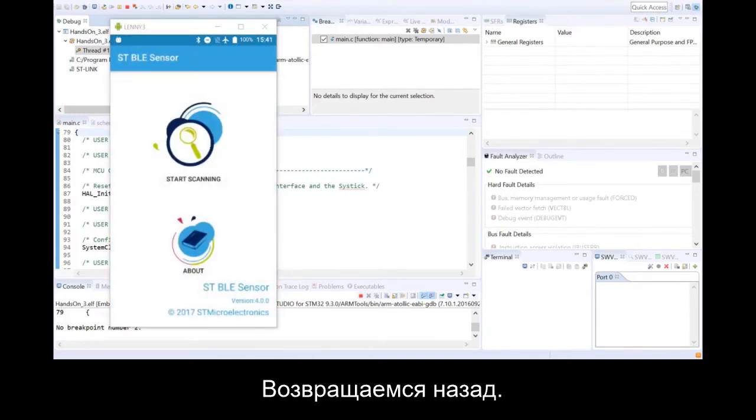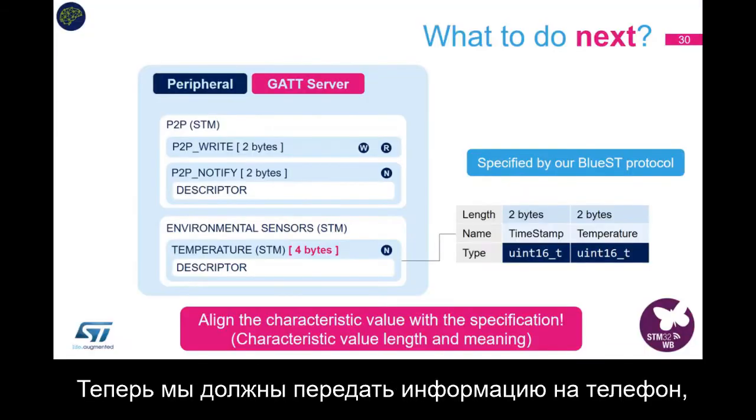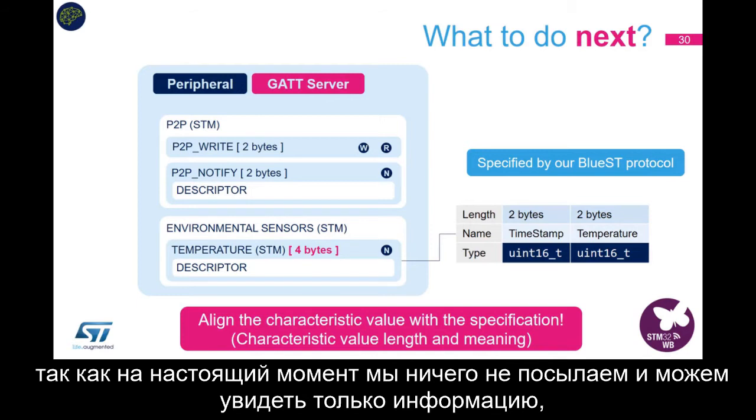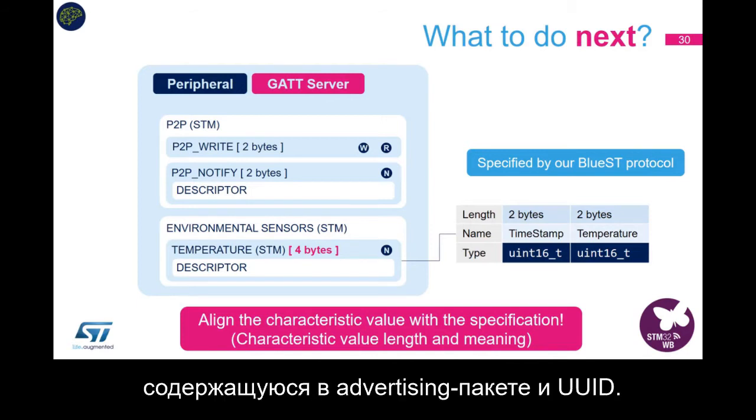If I back out of that, now we need to send some information. There was no data being transferred at that point, so you could only see the advertising information and then the exchange of UUIDs to decide which characteristics we had available.